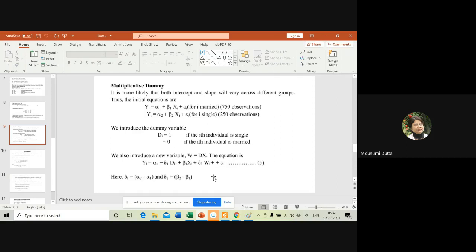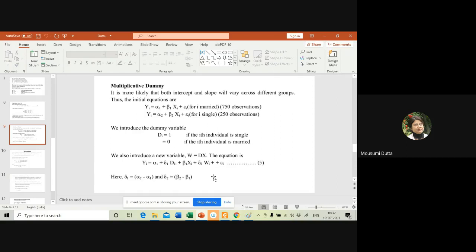I'm repeating, your equation is becoming yi is equal to alpha 1 plus delta 1 plus, within bracket, beta 1 plus delta 2 into xi plus epsilon i. You got it? Yes, ma'am. Okay. Now you look at this equation.